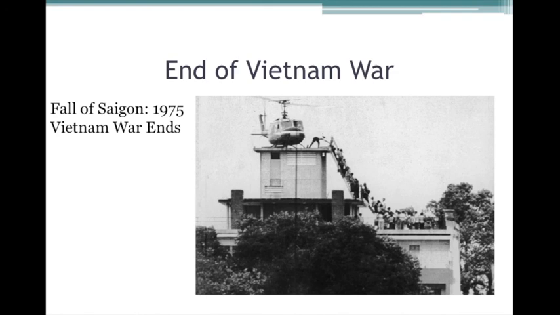The war ends with the administration of Nixon. So this war really covers a number of different presidents, starting with Truman, going through Eisenhower, John F. Kennedy, Johnson, and then finally Nixon.